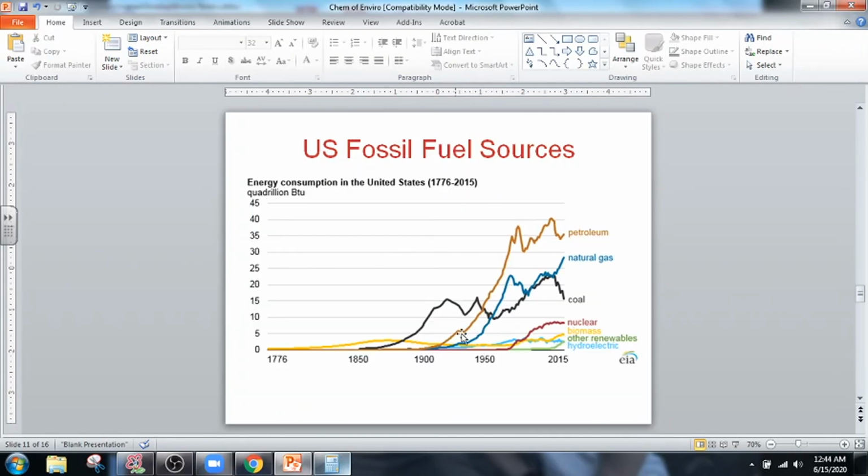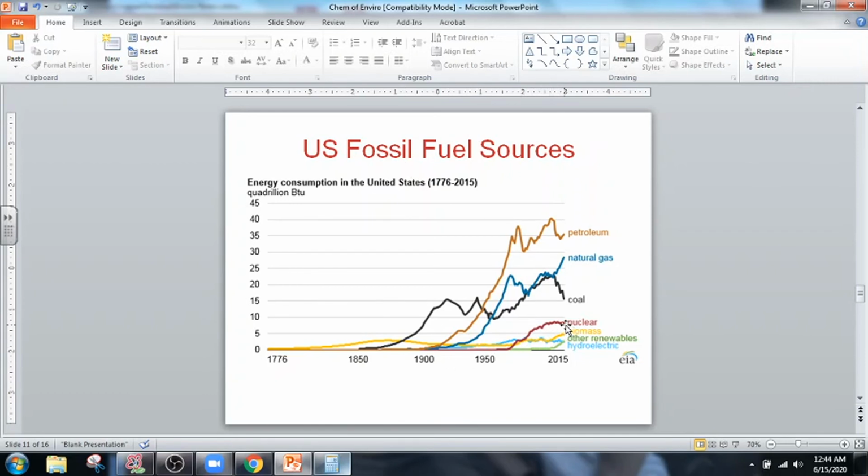In terms of where we are getting our fossil fuels from, you can see we are still continuing to increase uses of petroleum and natural gas. Coal is going down, which is really good. We'll talk about why in a second. And here are some non-fossil fuel sources down at the bottom. I guess I shouldn't have quite labeled it all fossil fuels.